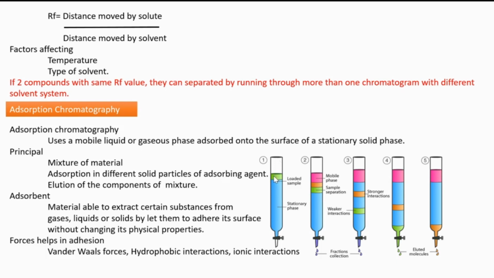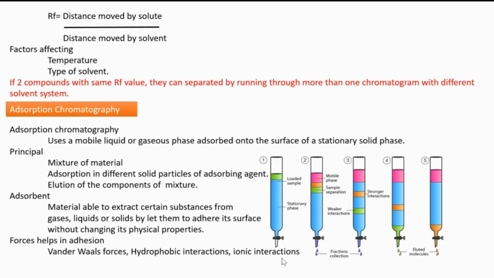Depending upon its adsorption power to this stationary adsorbent, it moves down. Those that have more adsorption power will strongly bind here and will not move down, and those that have less adsorption or binding power to this stationary phase move very easily downwards and can be separated first.